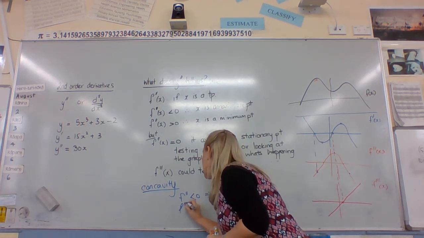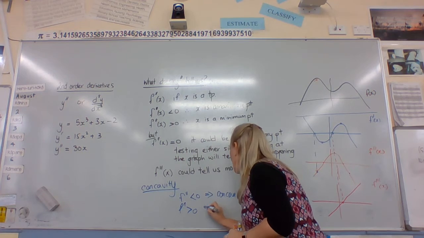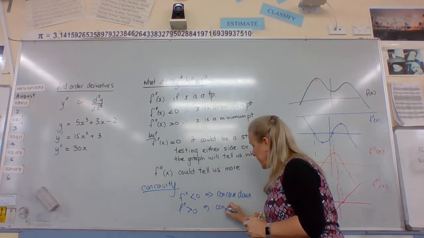If f double dash is greater than 0, we have concave up.